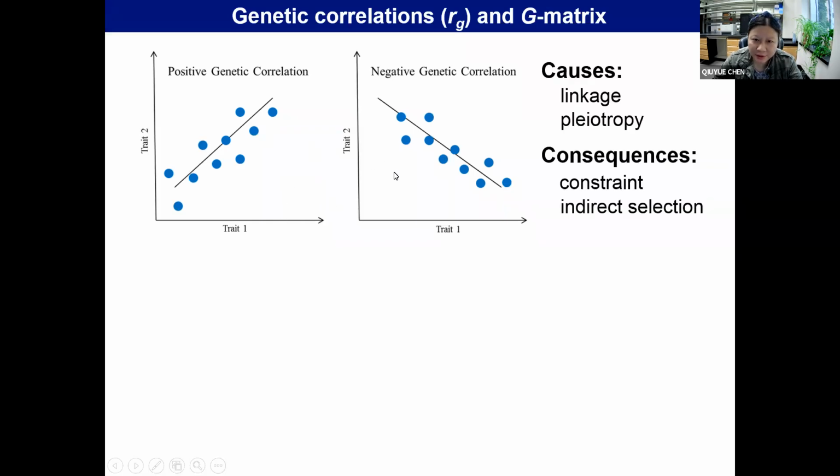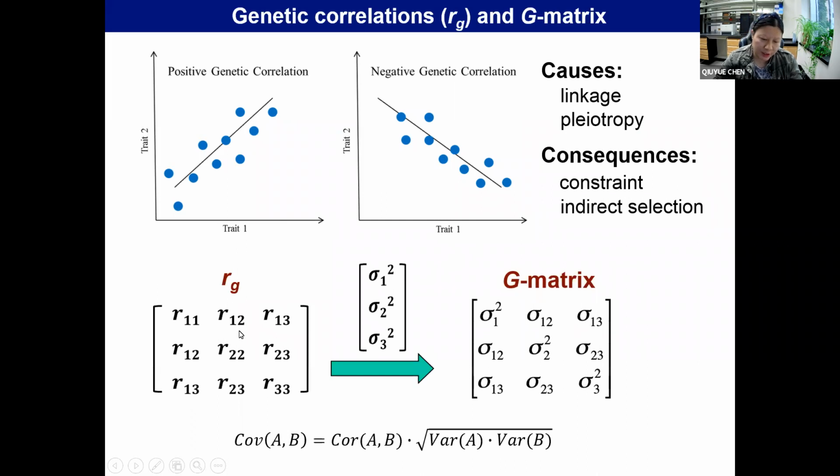The causes of genetic correlations are mainly linkage or pleiotropy, and the consequences of genetic correlation can be genetic constraint or indirect selection. With the genetic correlation matrix and also the variance for each trait, we can easily obtain the G matrix.